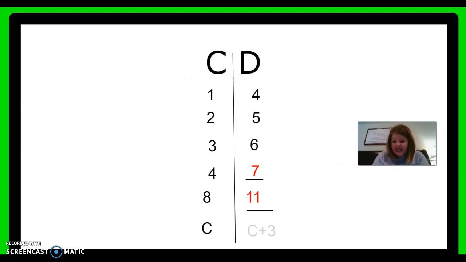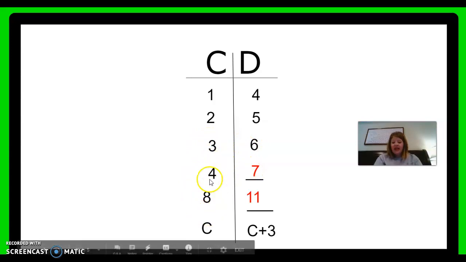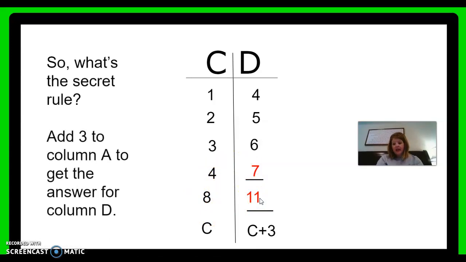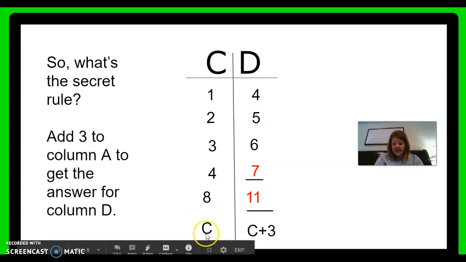You take C and you add 3. So 1 plus 3 is 4. 2 plus 3 is 5. 3 plus 3 is 6. 4 plus 3 is 7. 8 plus 3 is 11. So the secret rule: add 3. So you take C, this number, and add 3 to get this number.